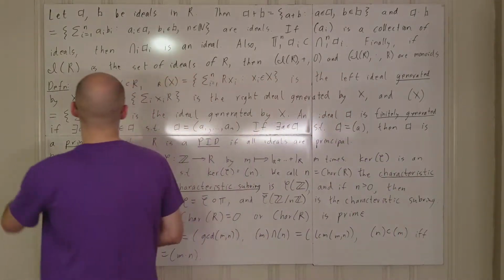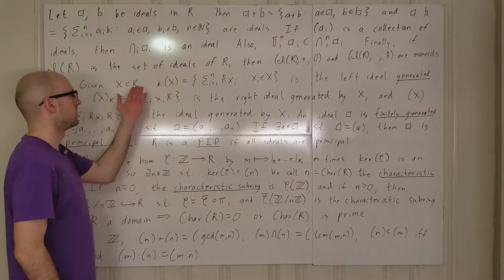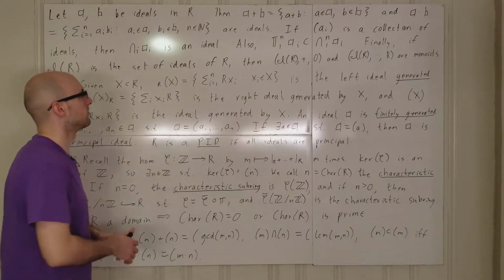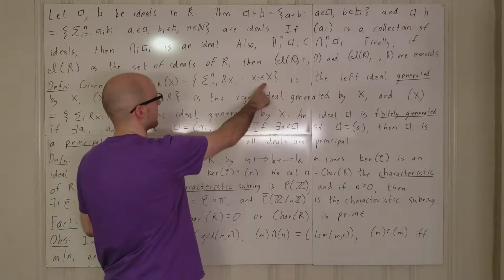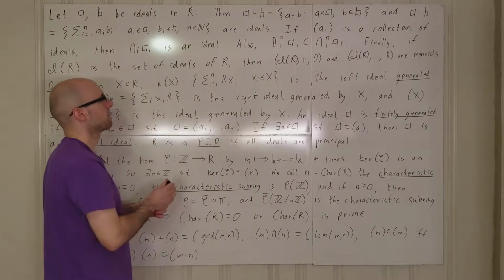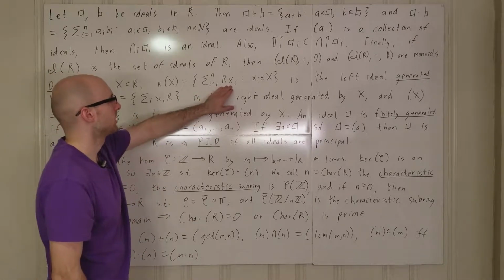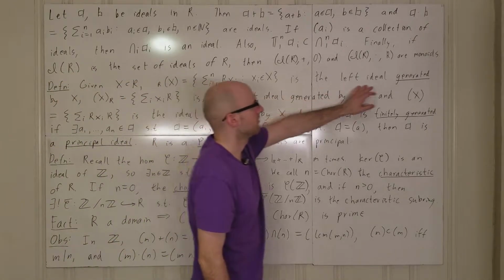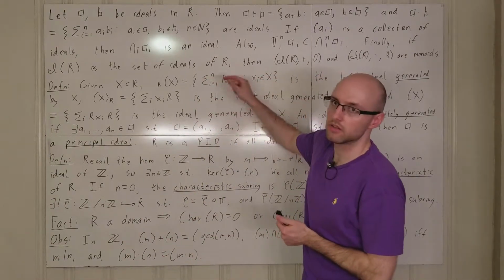All right, so if we have a subset X in R, so this is just any set, there's no structure on it, we can consider the set of all finite sums of the form R times xi, where xi is in X. So we take a finite number of elements x1 through xn from X, and we consider all things which are these finite sums multiplied on the left by R. Then this is going to be the left ideal which is generated by X. And we call it left ideal because here we're multiplying R on the left.